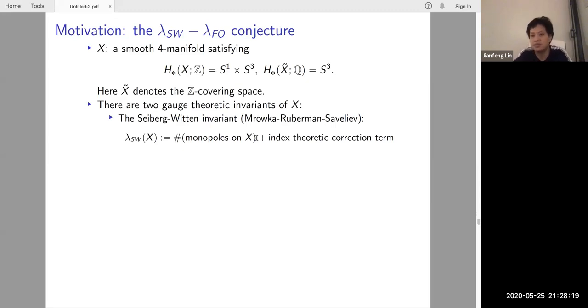Therefore, it's not a smooth invariant. In order to make it into a smooth invariant, you need to add some index theoretic correction term, which is some other number that also depends on the metric and perturbation.